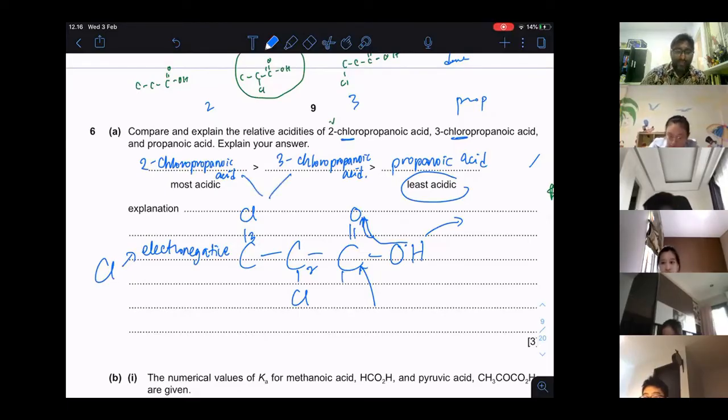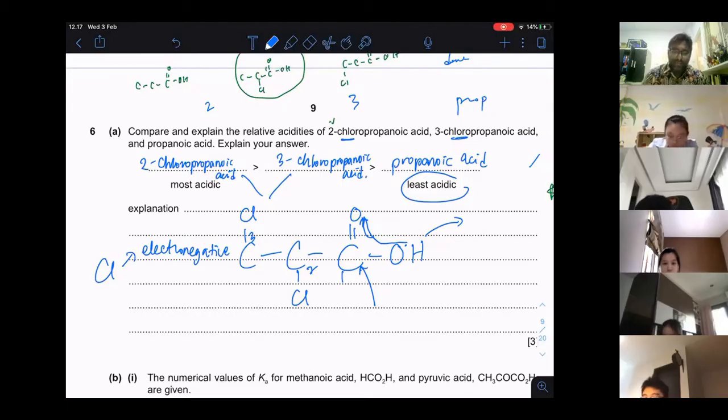The 2 is much stronger because the Cl atom is closer, so the OH bond is going to be more weakened. Of course, they mention stabilizing the carboxylate anion more, but I think the easiest to understand is weakening the OH bond. So please focus on that.